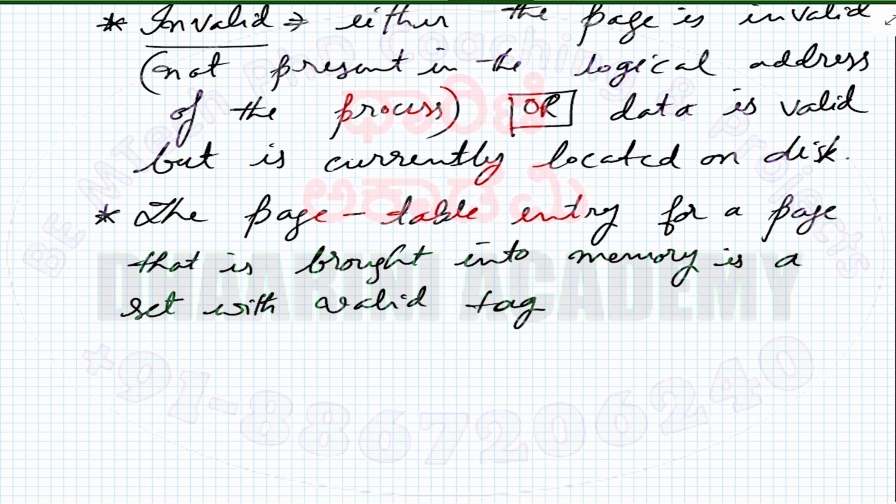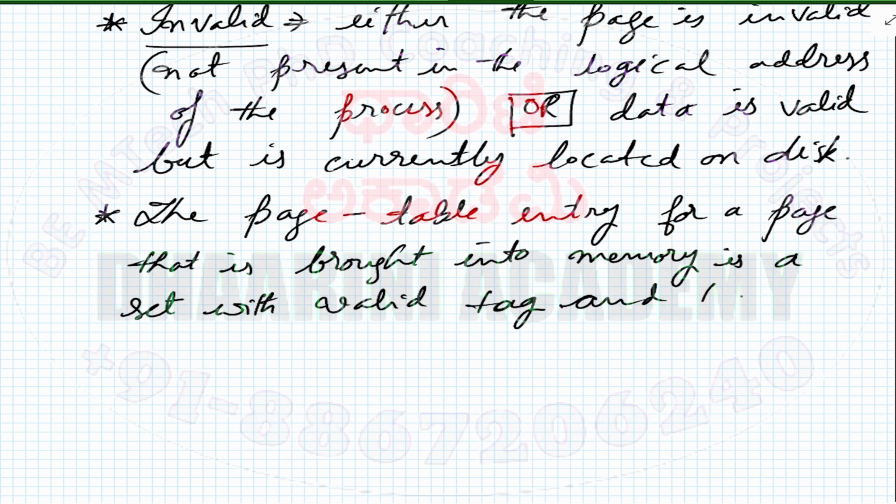There will be a valid tag associated with that particular page which is brought into the memory. If it is present in the memory, you will have a valid tag, so you will say that it is valid. If it is not present in the memory, you will mark it as invalid.